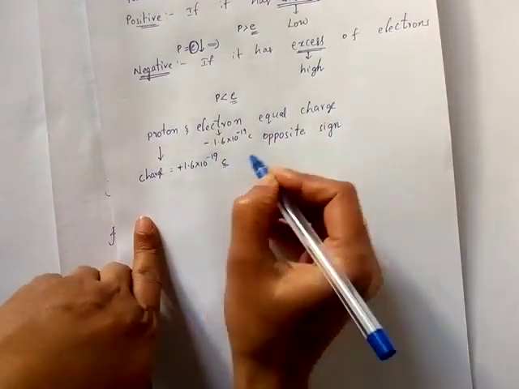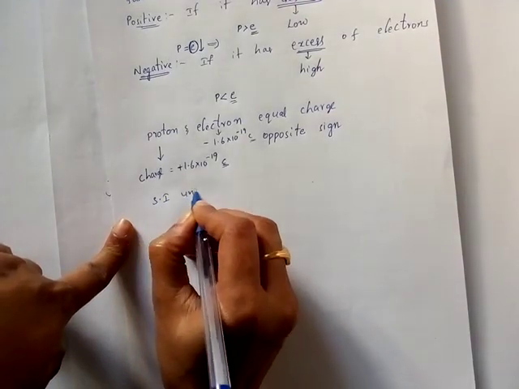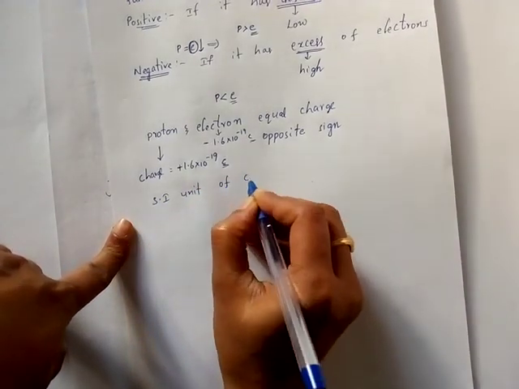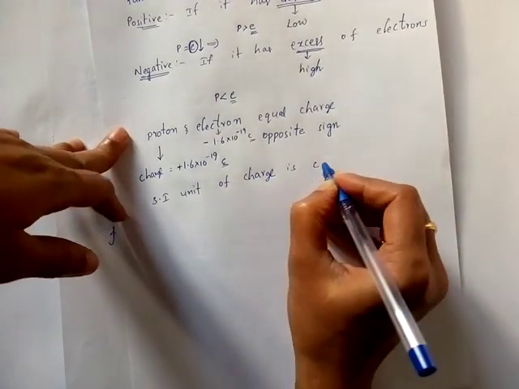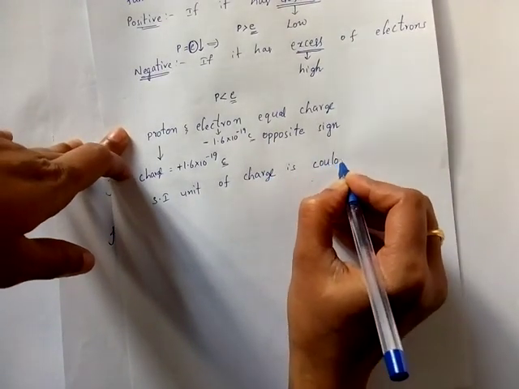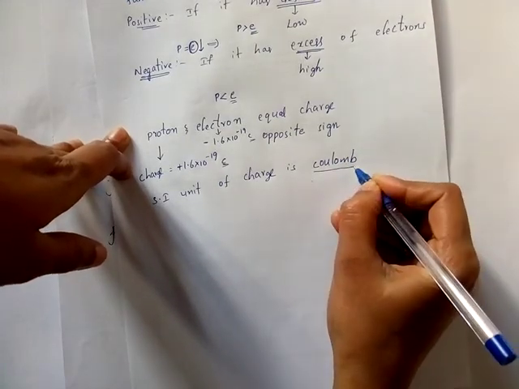Next, what is this coulomb? SI unit of charge. SI unit of charge is coulomb. So it is a scientist's name. When you are writing the full name, you have to write all the letters small.